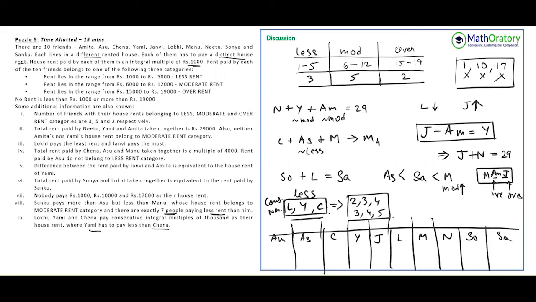So I'll just write that on top. So we know that L, Y, and C are in the less category. So this is less, this is less, and this is less. Also, we know the two individuals in the over category, A, M, and J, right? So this is over, and this is also over, right? So effectively, everything else is moderate. So these are all moderate categories.